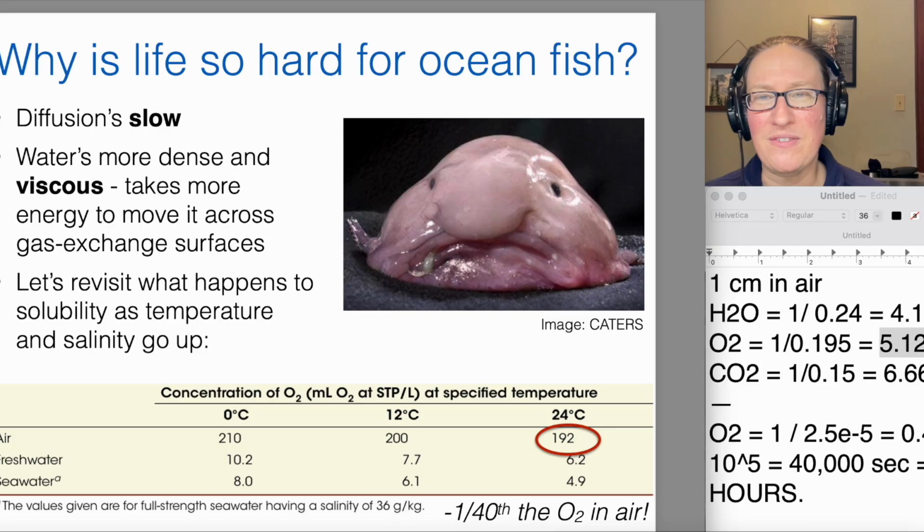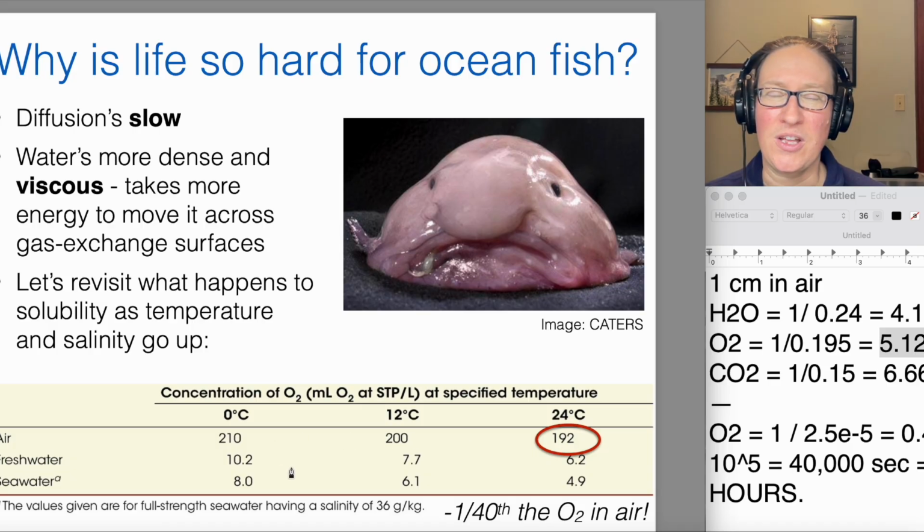And if we also revisit what we know about gas solubility as temperature and salinity go up, I think we can help to reach some conclusions about under which conditions we think life is going to be the hardest for fish. Right. So again, if we're just looking at concentrations at a range of different temperatures, comparing air, freshwater, and seawater, the concentration of oxygen is much, much higher in air than it is in fresh or seawater.